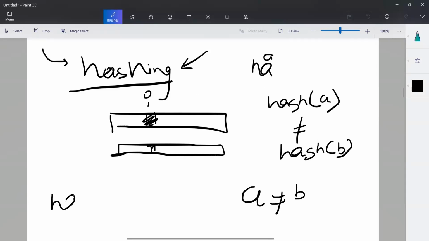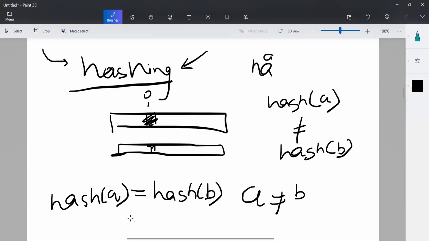And if hash of a is equal to hash of b, what does this mean? It may or may not. String a might or might not be equal to string b. So this is the limitation, but still, the possibility that there would have been a collision in my solution was 1 into 10 to the power minus 18, and yet it was getting wrong answer.